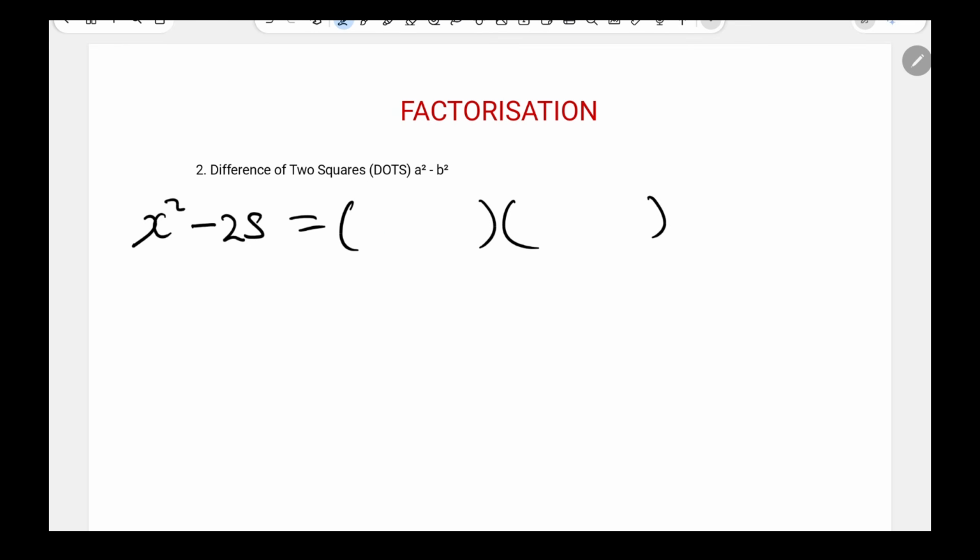You write brackets, a positive sign in one and a negative sign in the other. The square root of x squared is x. Then 25, you understand the square root of it is 5. So after x you write 5, and 5.